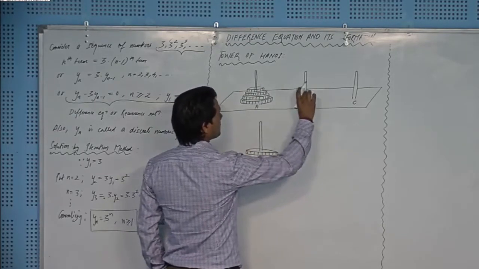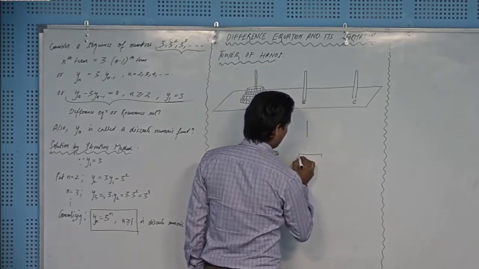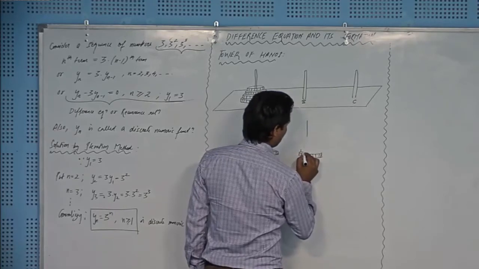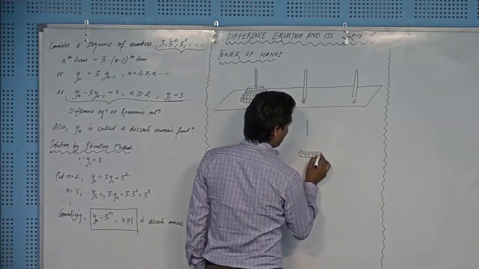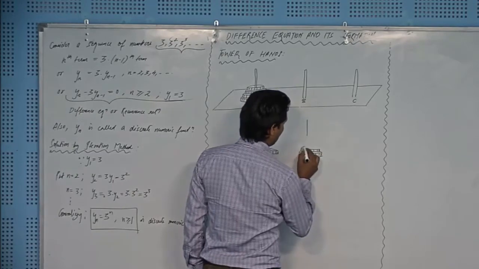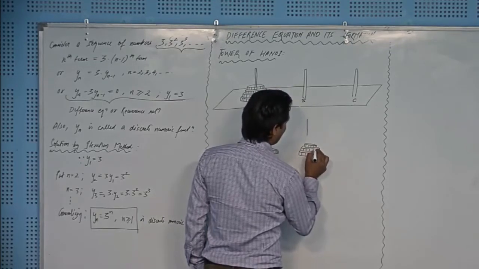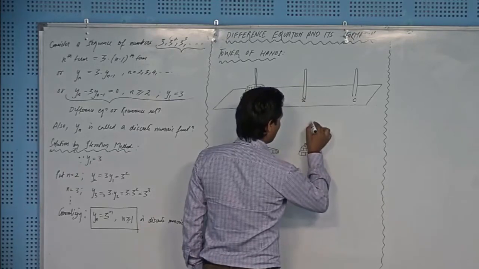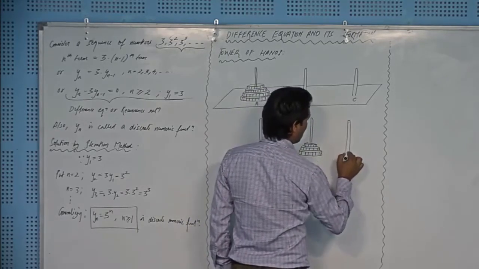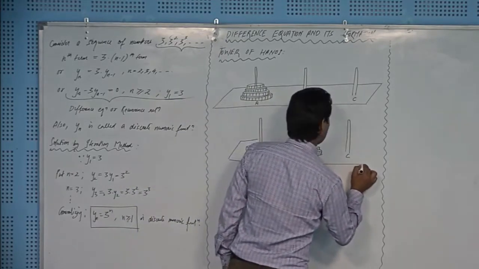And you need all of these n-1 discs here at peg B. So this is my goal number 1, right?